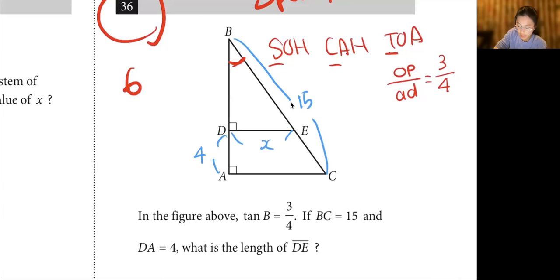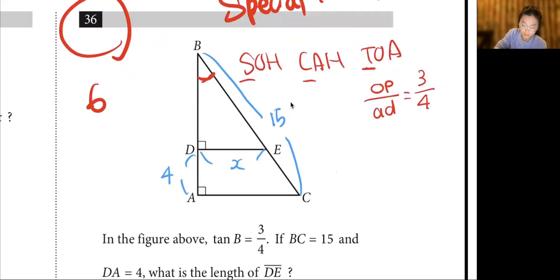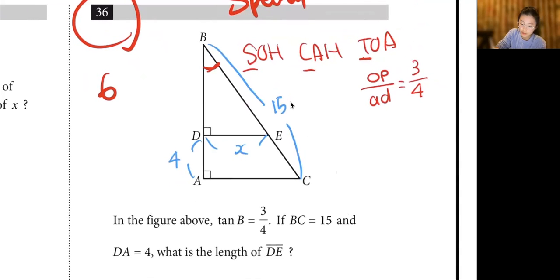If we look at the ratio, it's opposite over adjacent, and that applies to both triangles, since they share two angles. Obviously they share angle B, so angle DBE and angle ABC are the same.